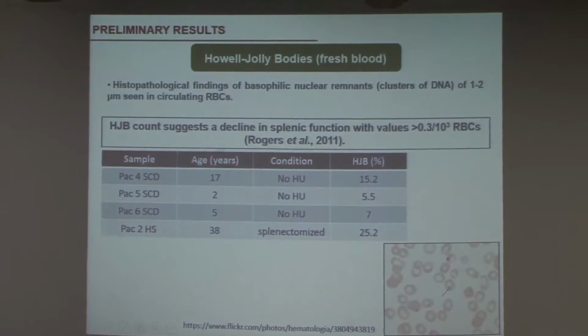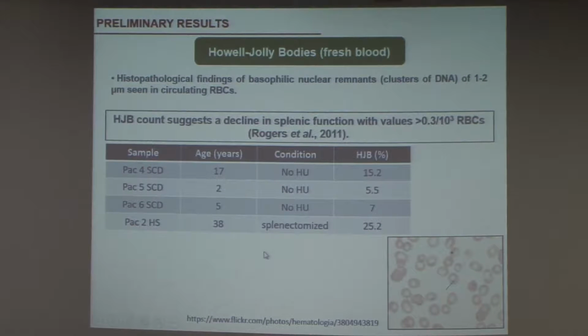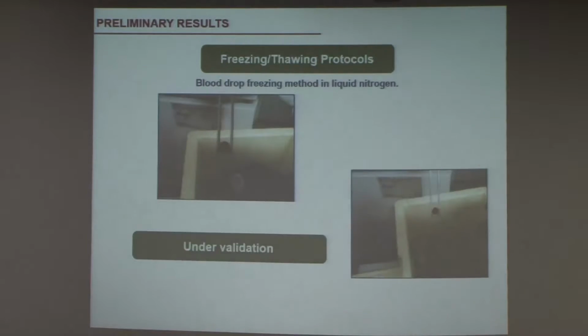So as we can see, in all 4 sickle cell patients that we studied, we got way above this threshold, signaling that all of them have lost their splenic function by this method too.